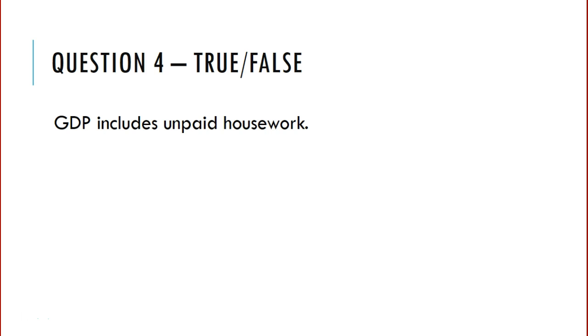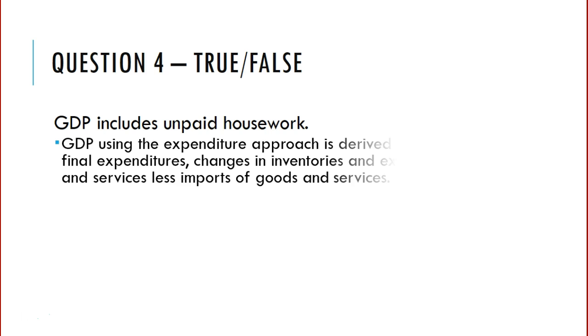Okay? And that's what GDP is trying to capture. So you can use different approaches to trying to measure GDP, and you can see in these approaches that they're automatically going to be excluding things like unpaid housework and voluntary work that people might do for the community as a whole or for other people who might be disadvantaged.